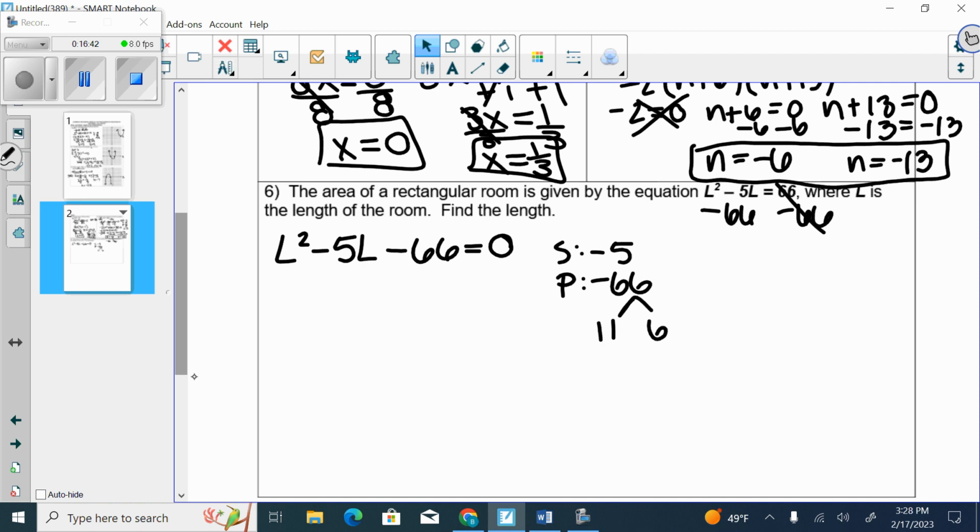But if it's going to give me a negative 66, one of them has to be negative, and it is going to be the 11. Negative 11 plus 6 will give us negative 5. All right, so for my factors, I have L minus 11 and L plus 6.